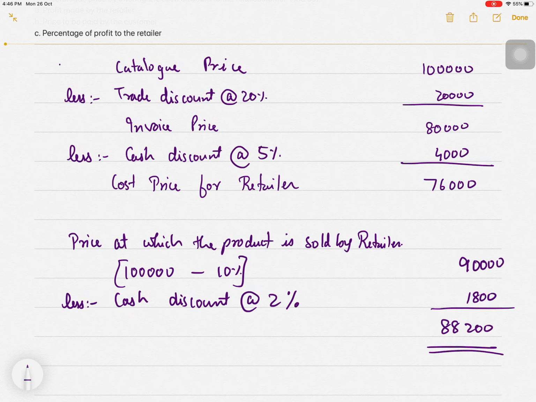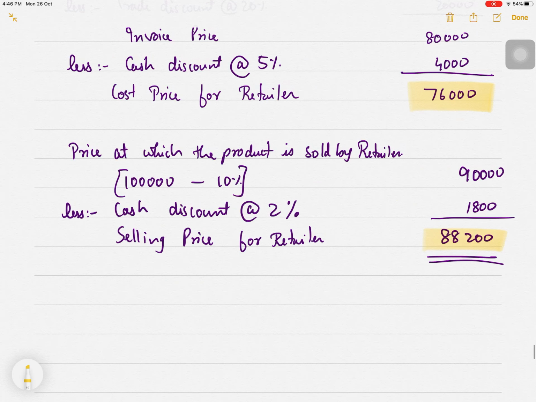So 88,200 is the selling price for retailer. That means retailer is buying the product for 76,000 and selling the product for 88,200.